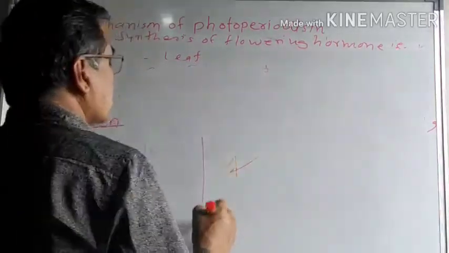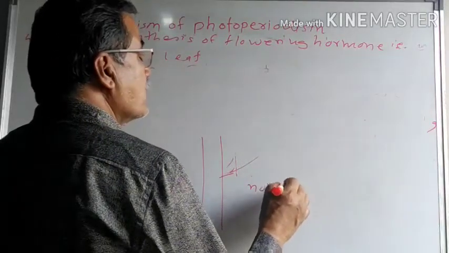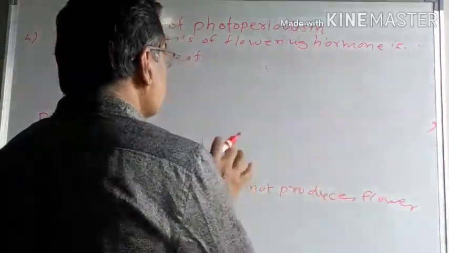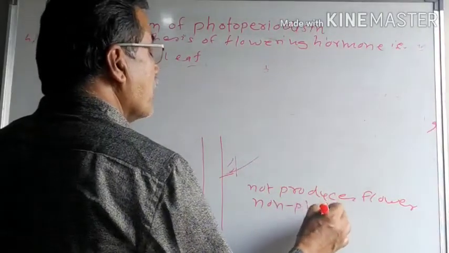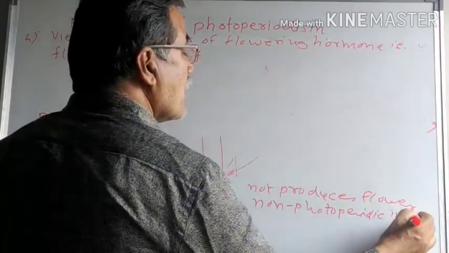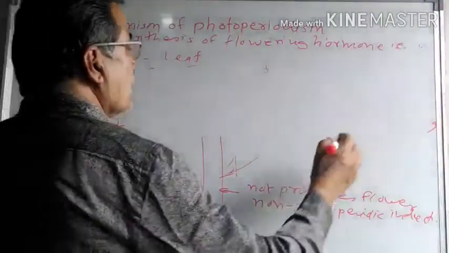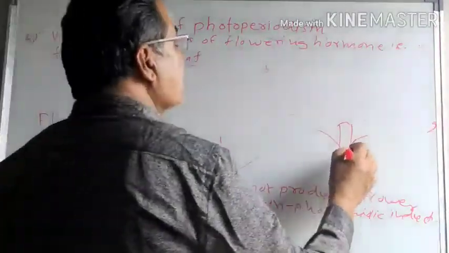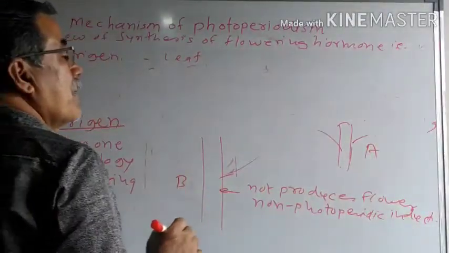One plant is taken, and this plant does not produce flowers, meaning it does not undergo non-photoperiodic induction, and therefore does not produce flowers. Then another, second plant is taken, and these plants are labeled A plant and B plant.